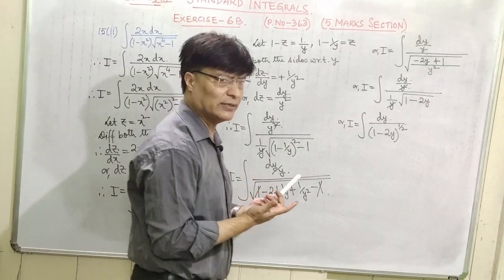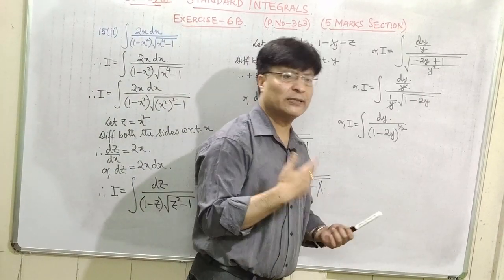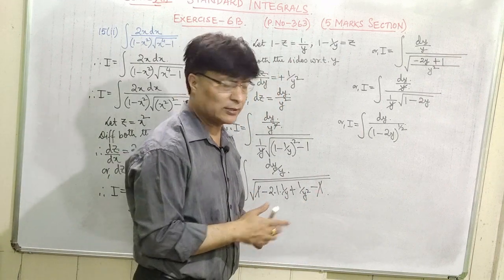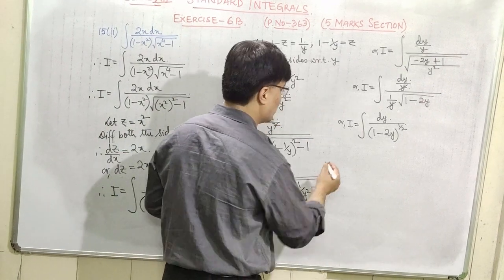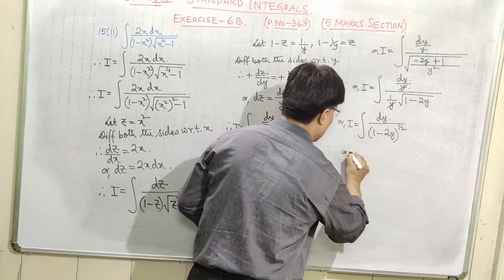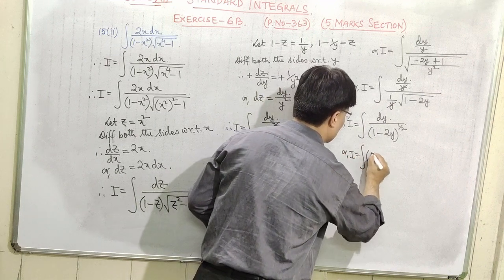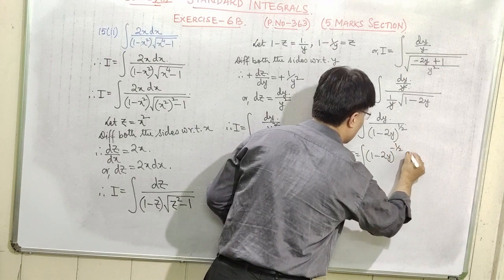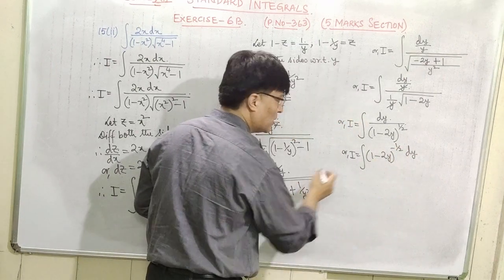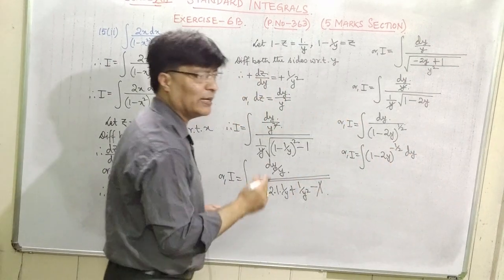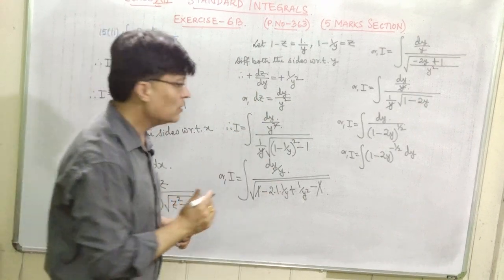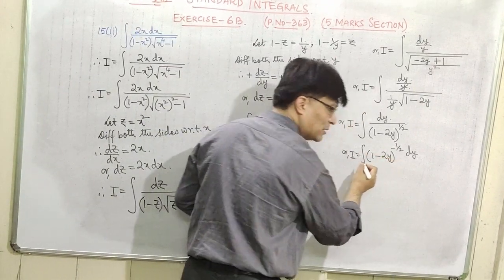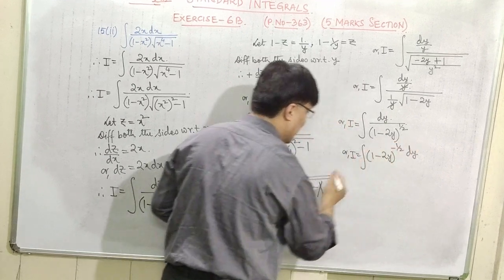You can directly integrate it. 1 minus 2y can be taken as y to integrate it. So let us take it to the numerator. So I is equal to integration of 1 minus 2y whole to the power minus half, then dy. It is in the form y to the power n or x to the power n. Okay, 1 minus 2y can be taken as x to the power n.